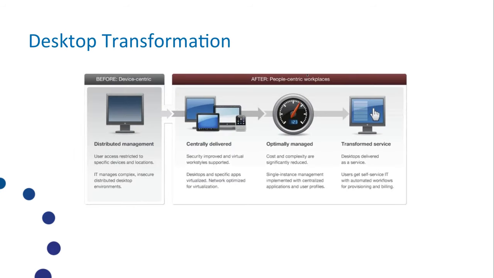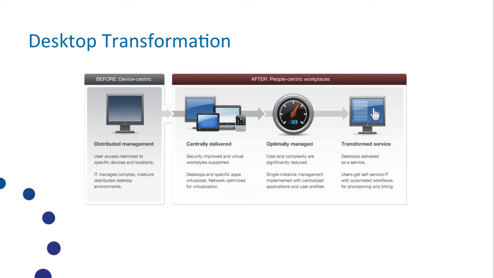So desktop transformation, well, what are we talking about here? Desktop transformation is really about the paradigm shift as well as the technological shift in moving from a device-centric and software-centric model in desktop environments to a people-centric, application and service-centric architecture, right?